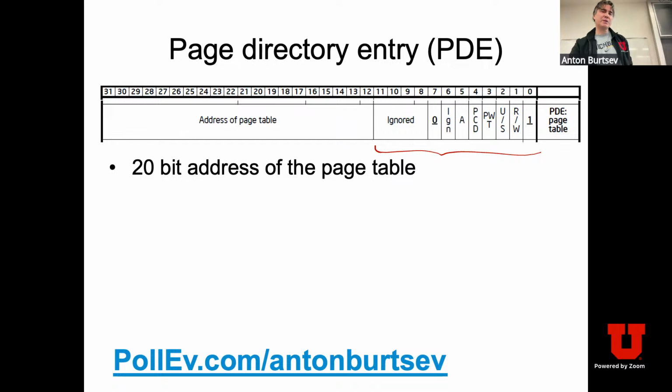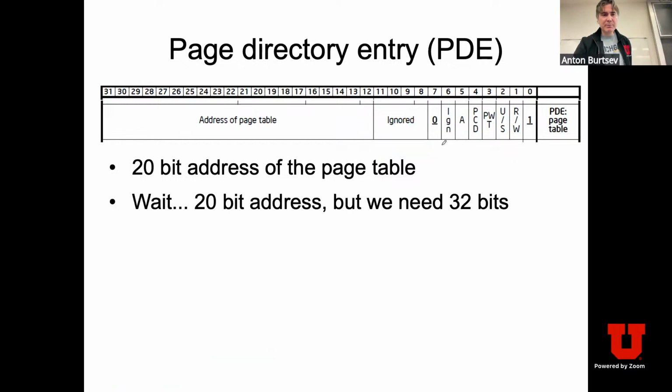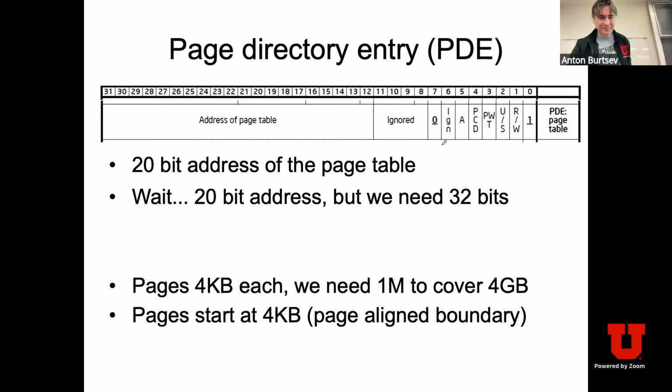And some of those are unused right now on Intel, so they are ignored, or Intel in later versions may be using those, but in this version, which I'm showing on the screen right now, those bits are not used. But this bit, which sits here, read/write, controls whether the page is readable or writable. So it's a very useful bit. It's bit number 1.